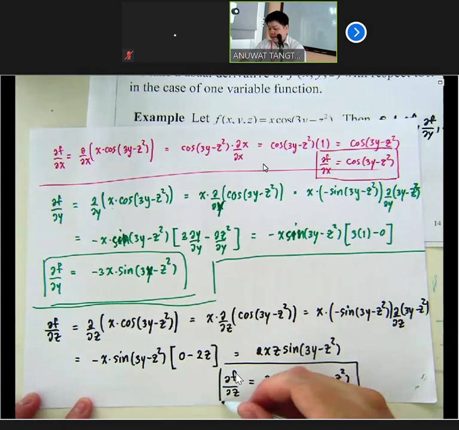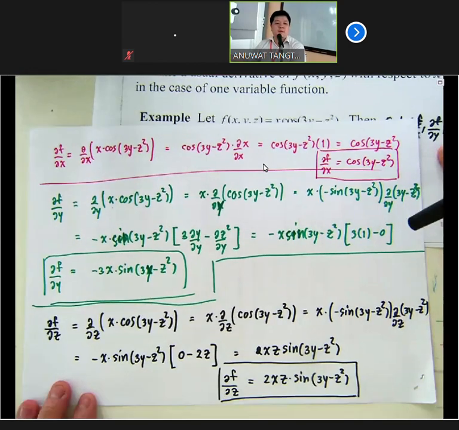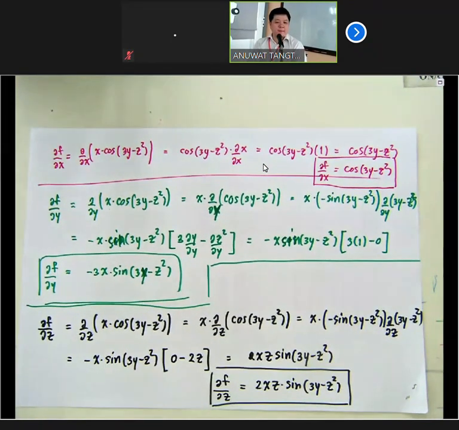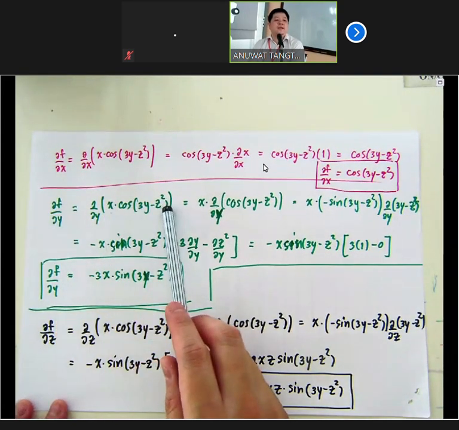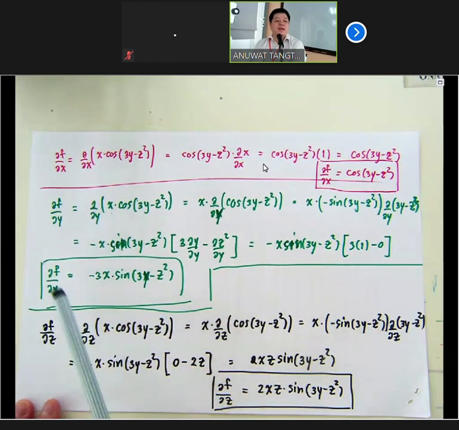Okay? Remember, to find df by dy, x and z are constant. Okay, so we take it out. To do df by dz, x and y are constant, so we can take x out.